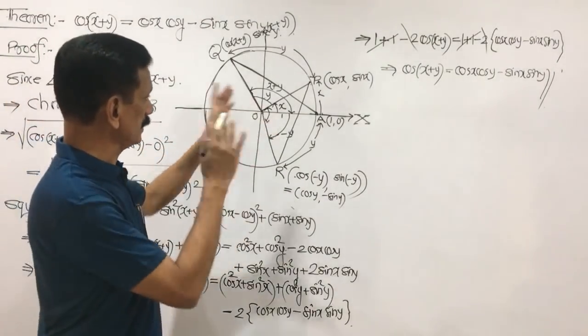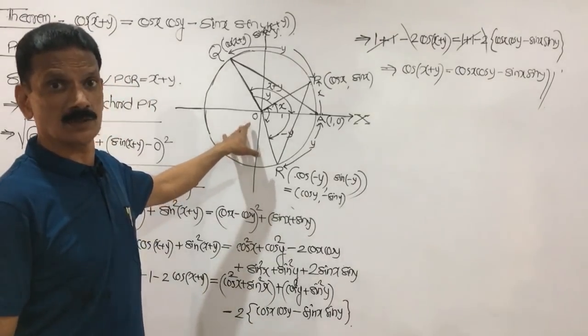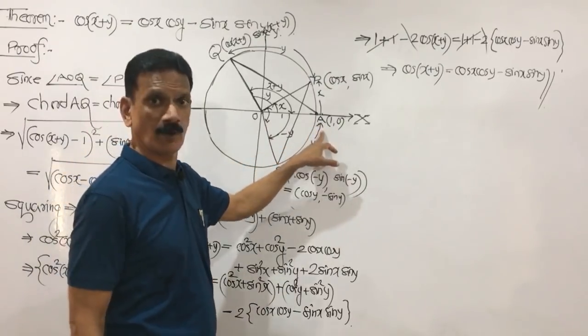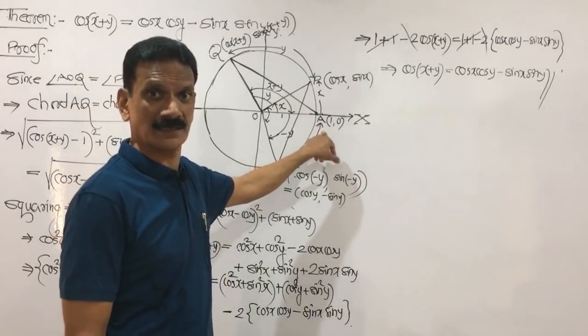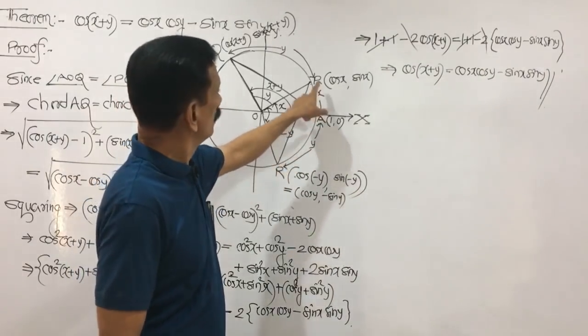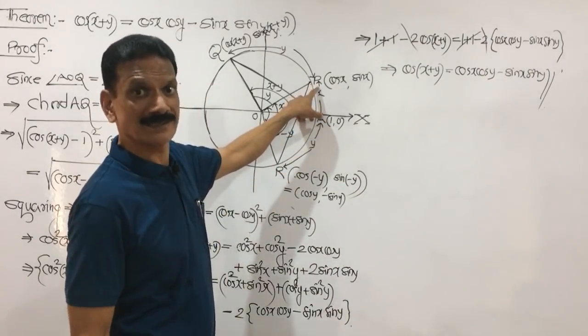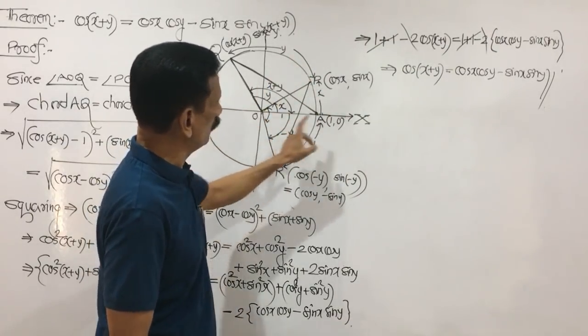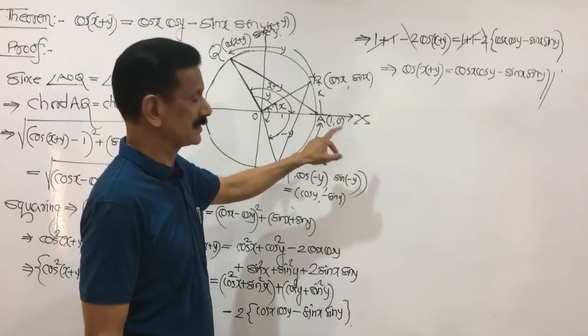So we have taken a circle of unit radius whose center is at the origin. A is the point where the circle cuts the positive x axis. The coordinates of the point A are 1, 0. We have taken a point P on the circle so that arc AP is x, means angle POX is x radian.